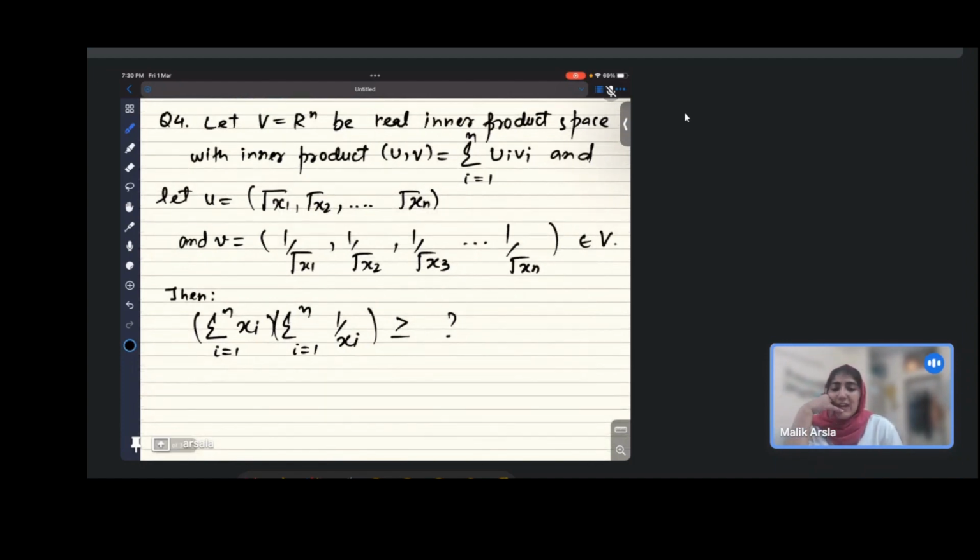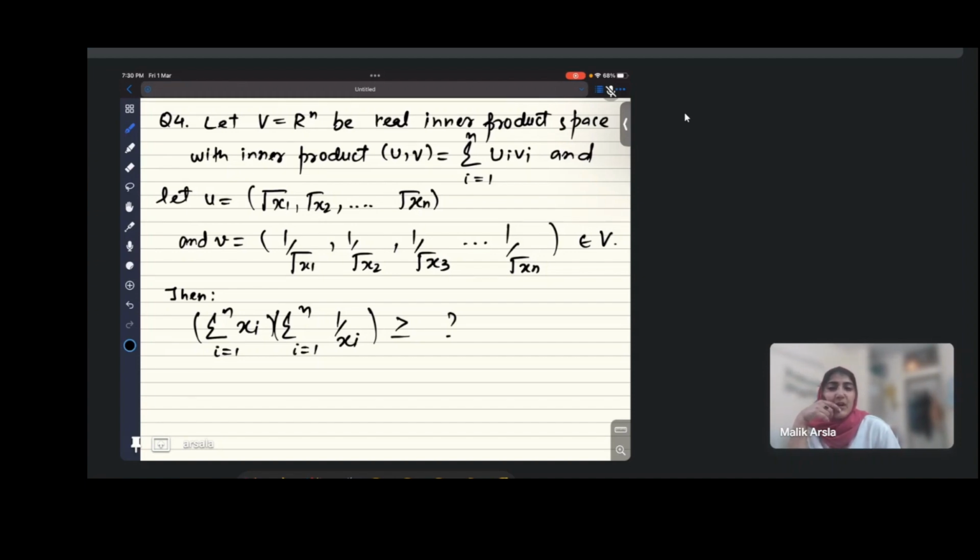So how will we do this question? Can you get the approach for this question? How will you approach this question? Anyone? We'll expand in the series and apply that inner product rule.